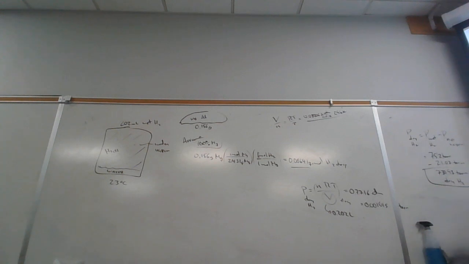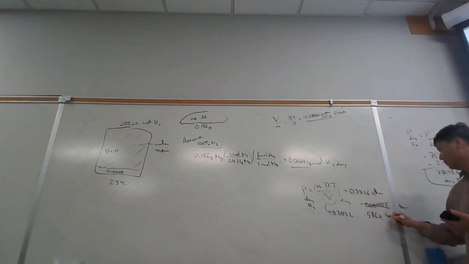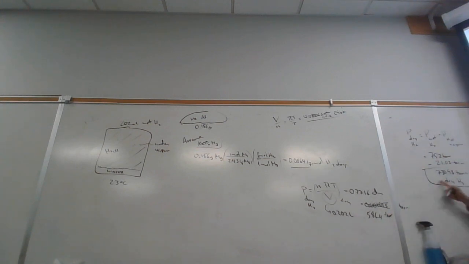Not divided by, I made my mistake there, times 760 torr per atmosphere. This is awfully small. So, 586.4 torr. So could this be pure magnesium? No, it can't be pure magnesium.